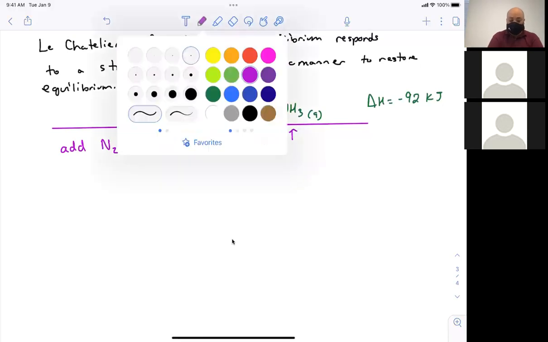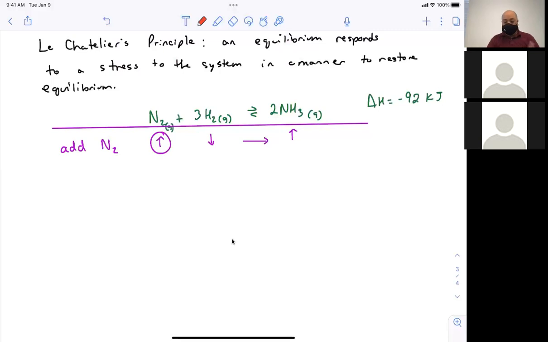Now, one thing I should incorporate here is our delta H. Notice our delta H is negative 92. That represents what type of process? Exothermic. So which side did the heat go on, Marina? Where does the heat go in the reaction? On the right. So it's producing 92 kilojoules.